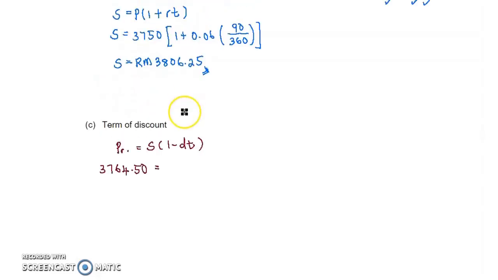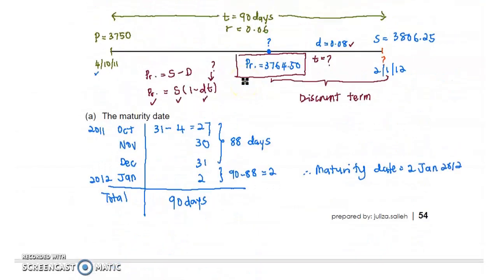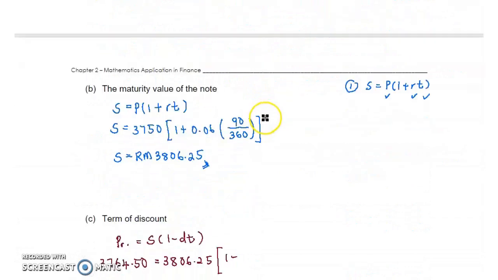S just now 3806.25 multiplied by 1 minus d just now is 8%.